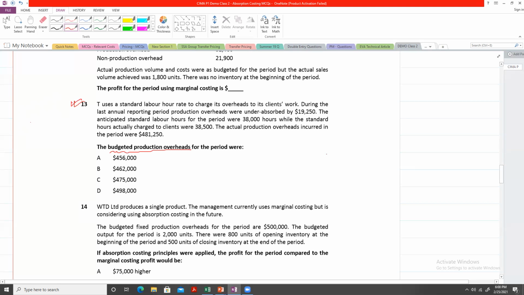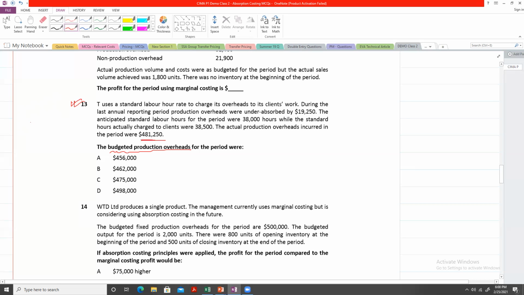But here, instead of working in this way, we are required to find the budgeted production overheads. So we need to do a backwards calculation, a reverse calculation, in this question.